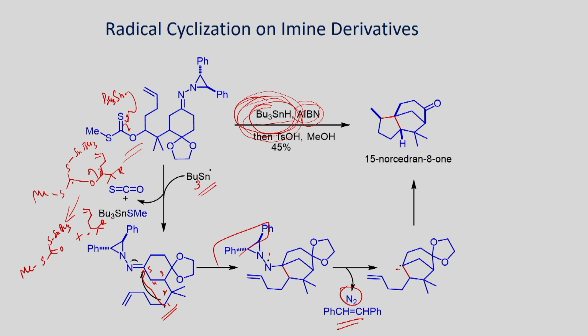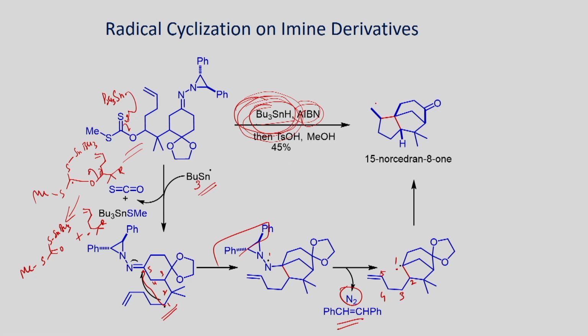Once you form the tertiary radical, this can undergo 5-exo cyclization to give a radical that can be further converted.